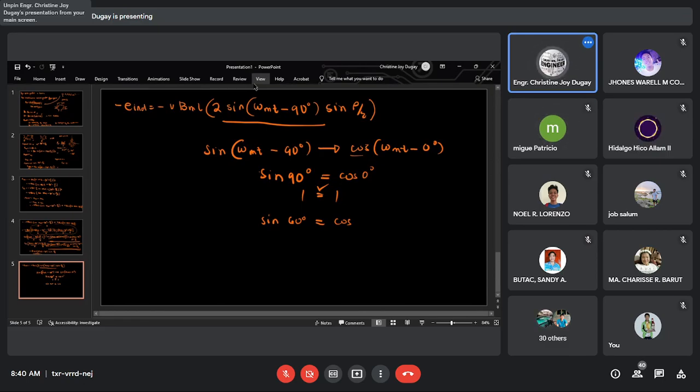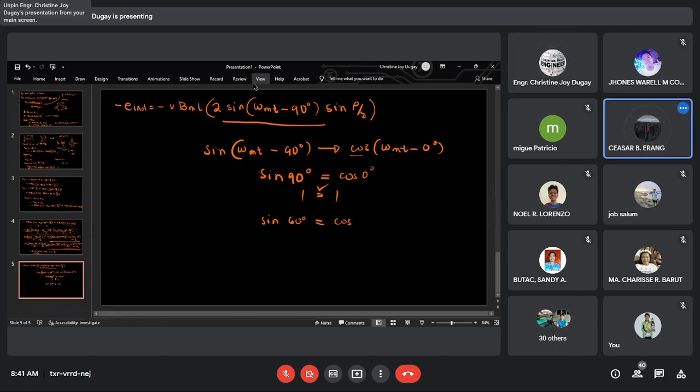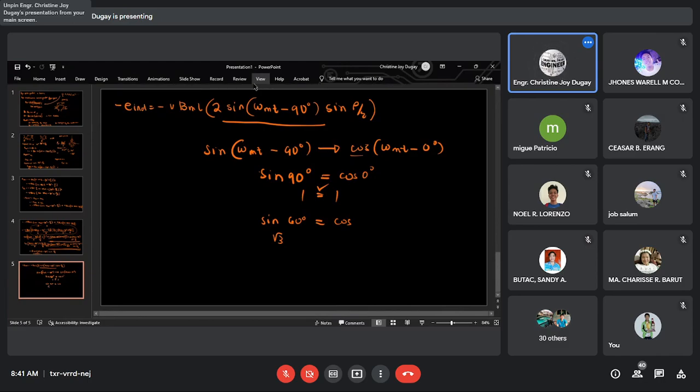That is equal to? Try ninyo. Square root of 3 over 2. So, if you're going to take the cosine inverse of that one, ano ang equivalent niya? 30 po. 30.